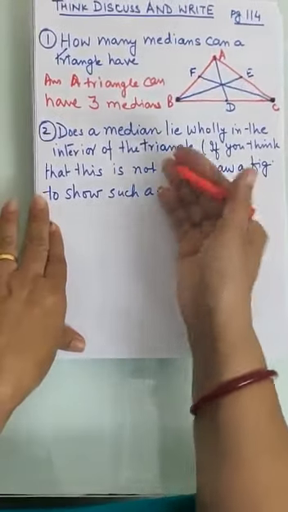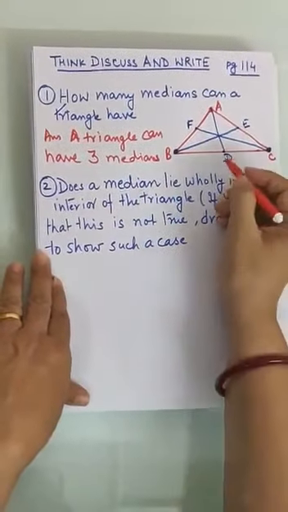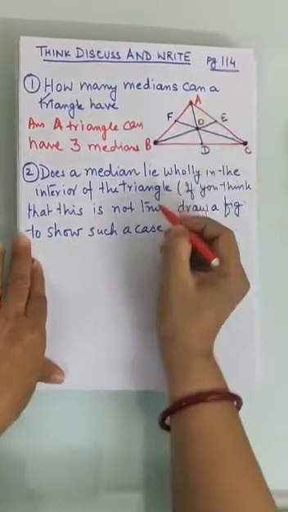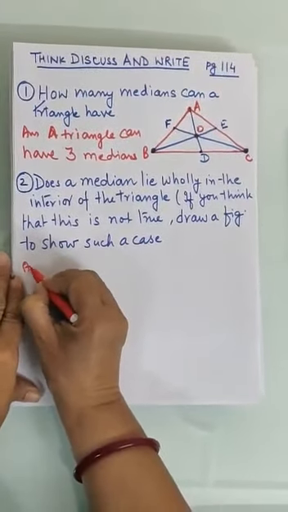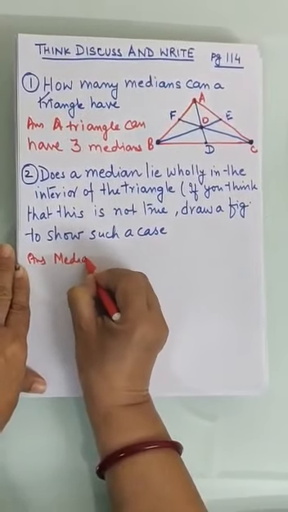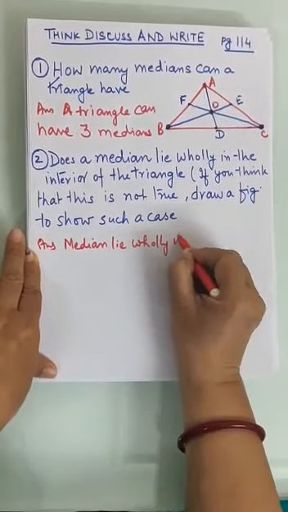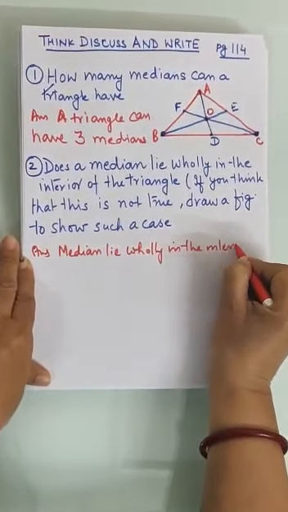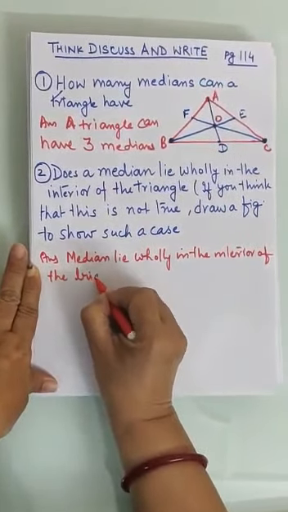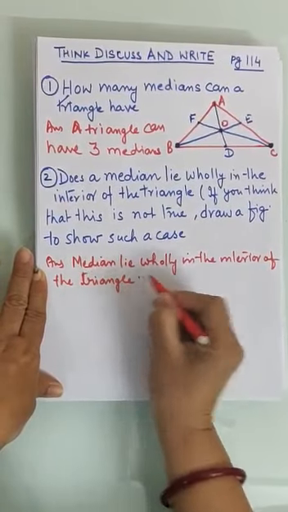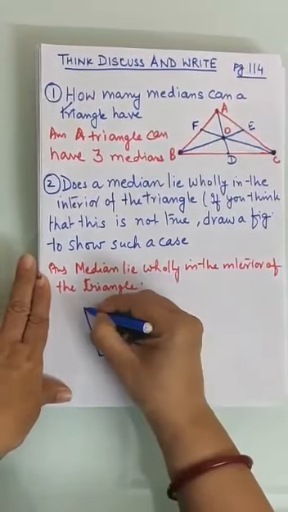Now we have already seen this and we have earlier studied that in obtuse angle and right angle, the centroid is lying in the interior. So we say that median lie wholly in the interior of the triangle. Let us show in obtuse angle and right angle. See here, this is the obtuse angle.